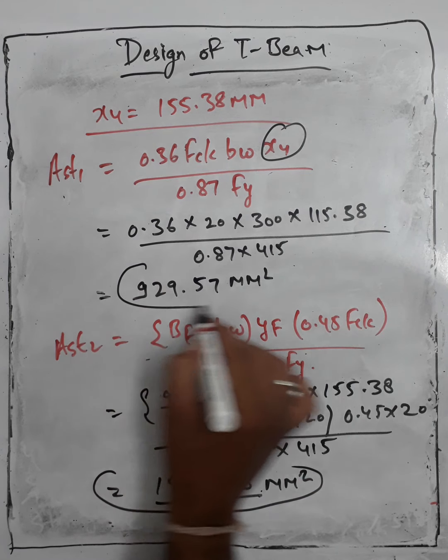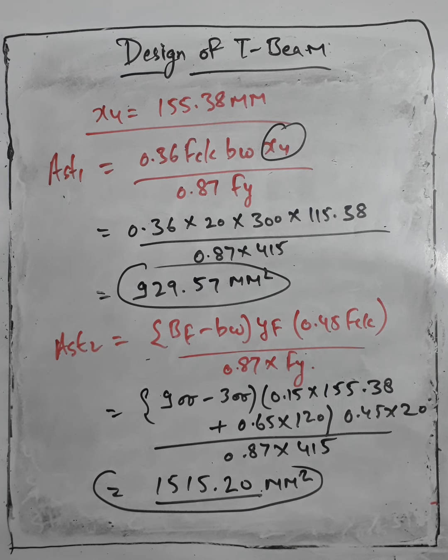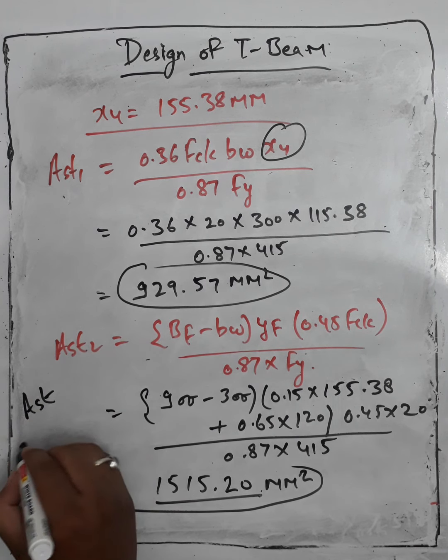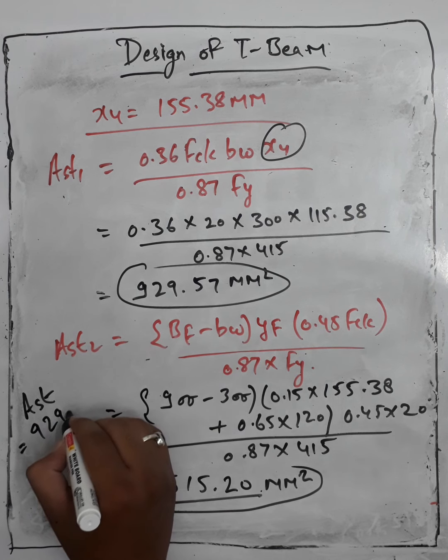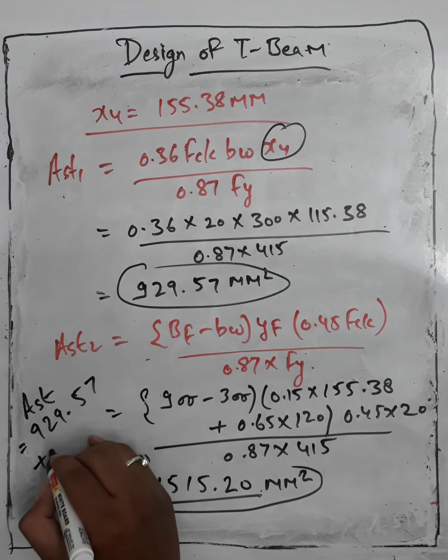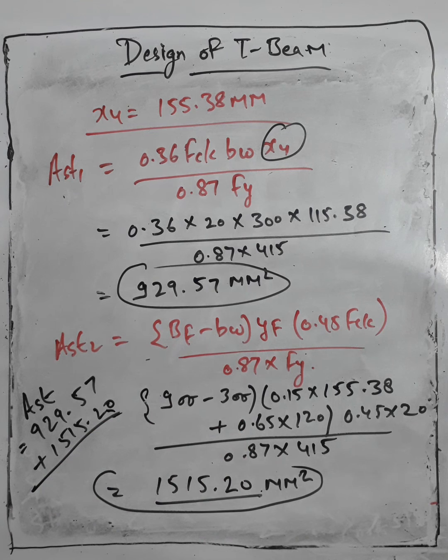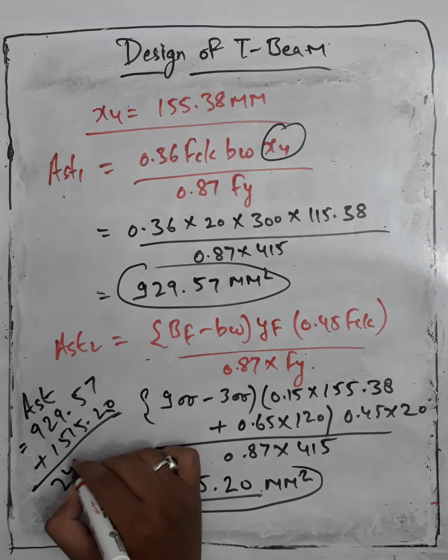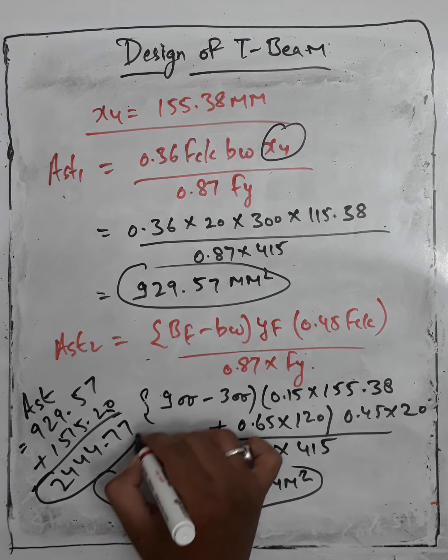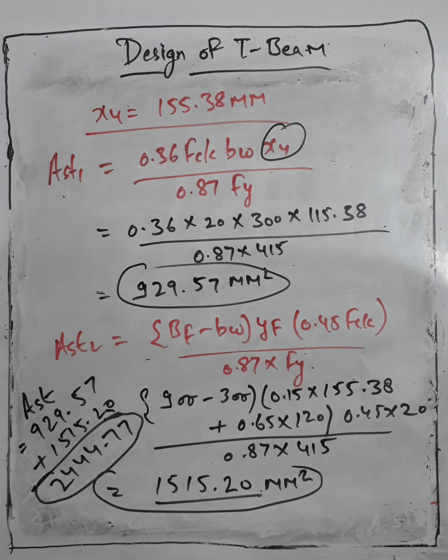So this is Ast2, and Ast1 you got before. Now you have to add these and find the total Ast. Total Ast is equal to 929.57 plus 1515.20, which is 2444.77 mm².